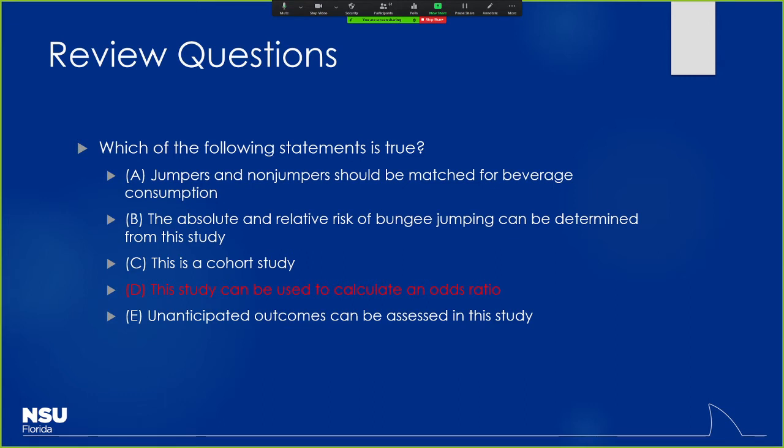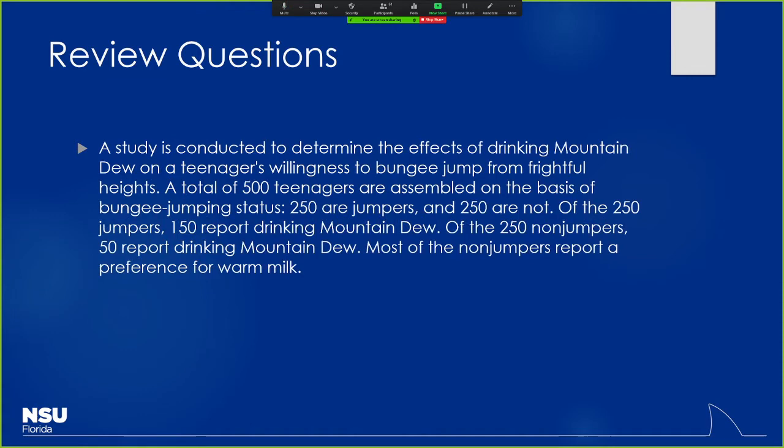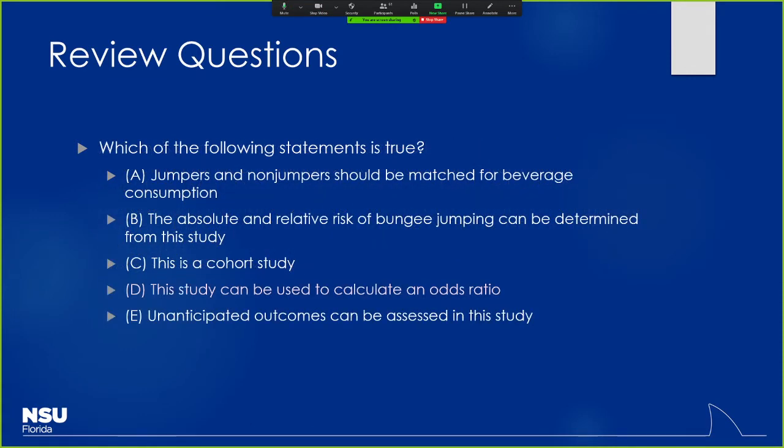Now, what sort of things would you want to try and match them on? Any ideas? Age could be a good one, right? That way you only have similarly aged people who are jumping together. Teenagers, so maybe your tweeners are being compared with one another versus your 17, 18-year-olds.